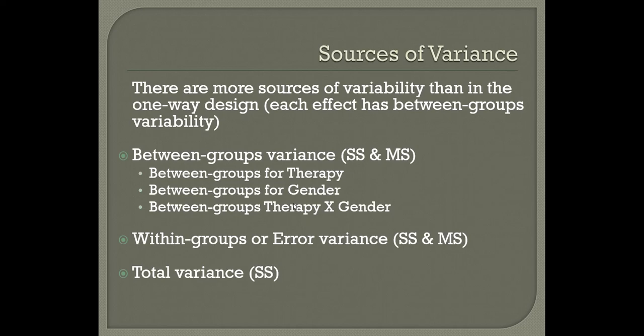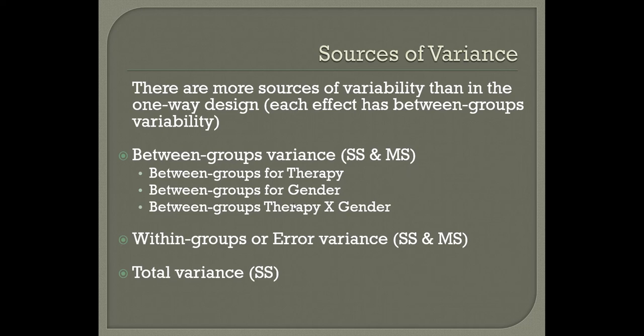So it gets a little complicated in the factorial ANOVA because there are several sources of variability. It's not that we just have the one independent variable and then the within error, and we can very simply compute it. In a factorial design, we have variance that can be attributed to the between groups effect for therapy, the between groups effect for gender, and also the between groups effect for the interaction.